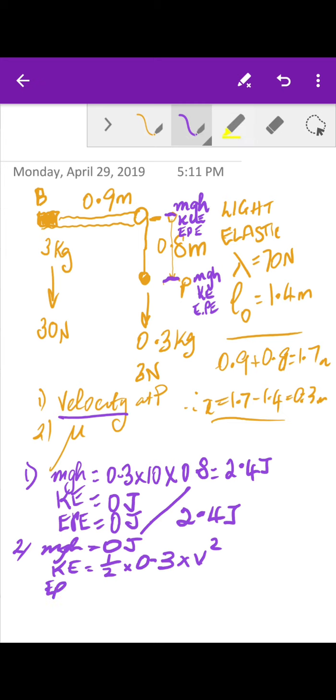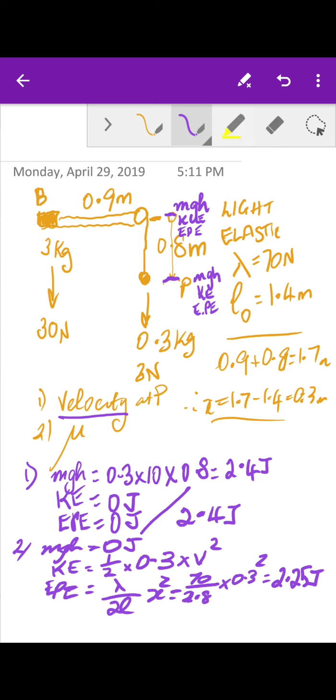Its elastic potential energy is, now here's the formula, 70 divided by 2 times 1.4, I'll just say 2.8, and the stretch is 0.3, so 0.3 squared. So 70 divided by 2.8 times 0.3 squared is 2.25 joules.